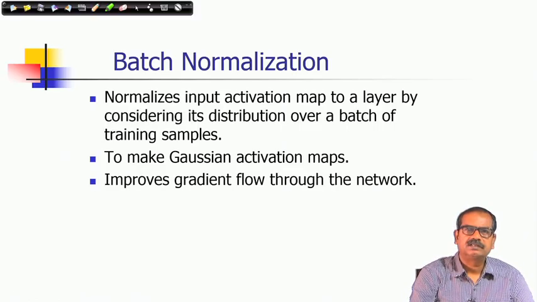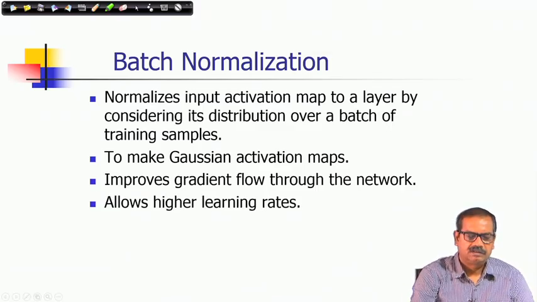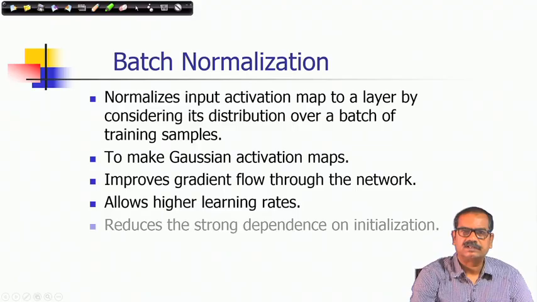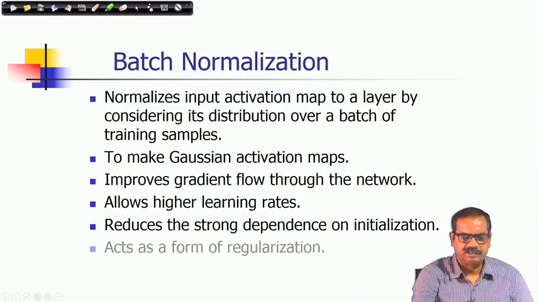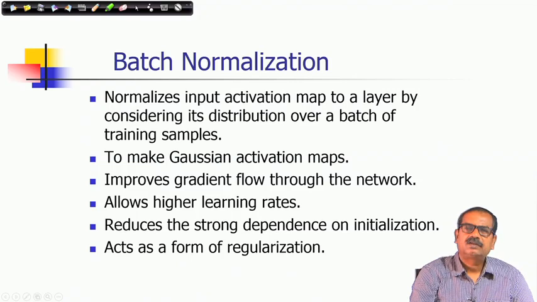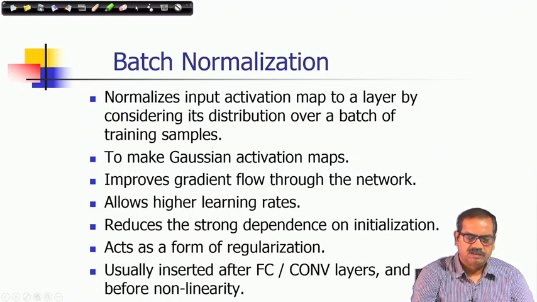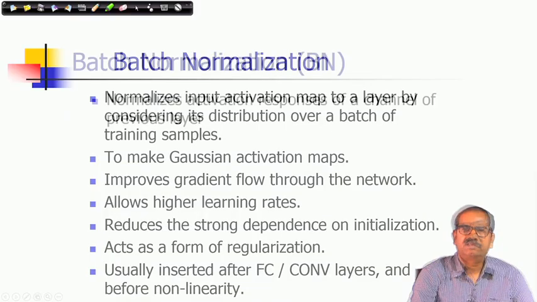Using batch normalization, you can improve the gradient flow through the network, and it also allows higher learning rates. So, your convergence becomes faster, and it reduces the strong dependence on initialization. This also acts as a form of regularization of the network, and batch normalization is usually inserted after fully connected or convolution layers and before nonlinearity.